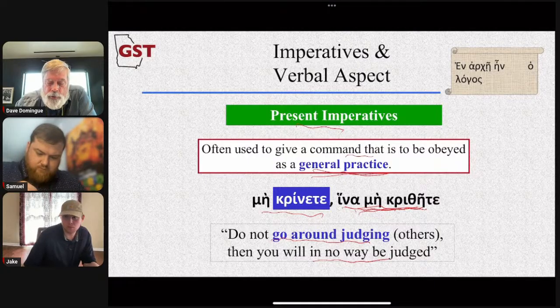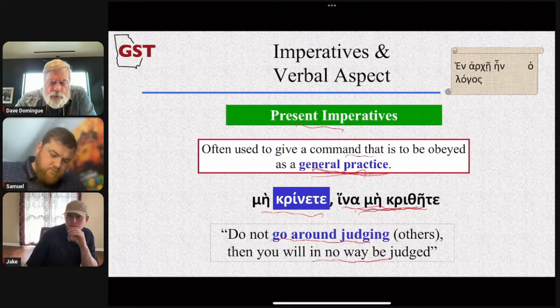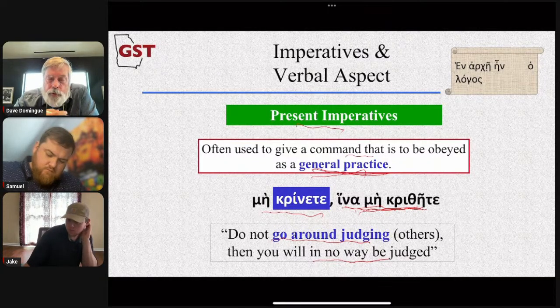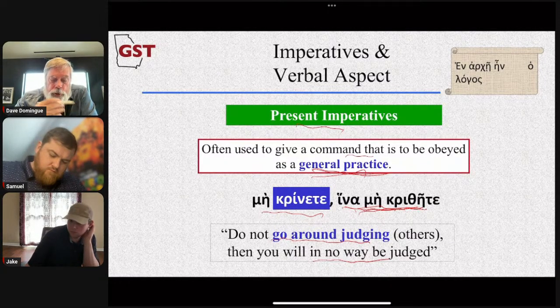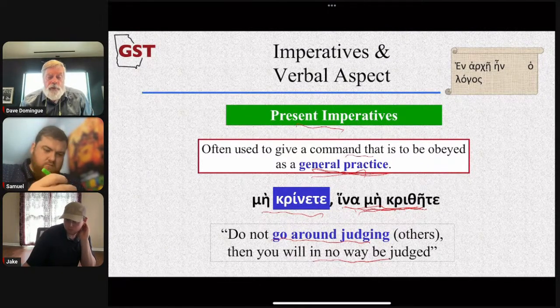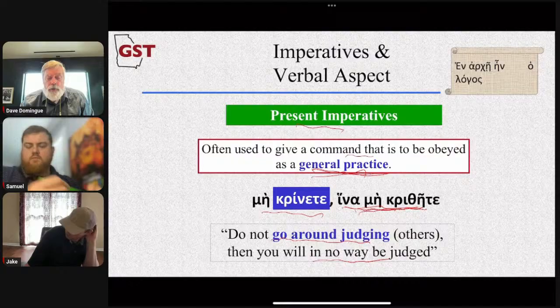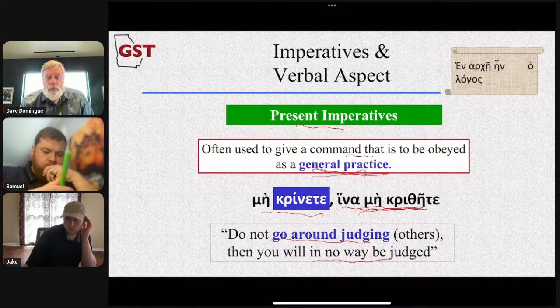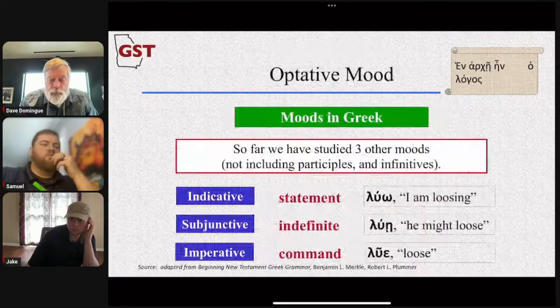It's a general practice. It's more about the attitude or approach to things versus a specific command. It's not talking about a specific command, don't do this. It's talking about a general practice or an attitude. You shouldn't be so judgmental. You got your own log in your own eye.